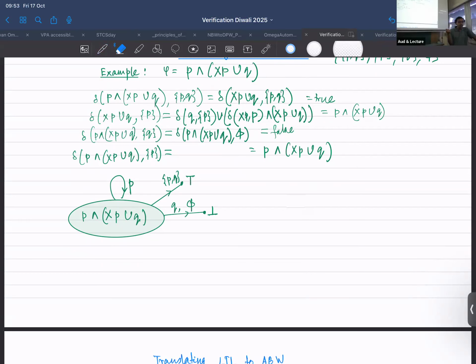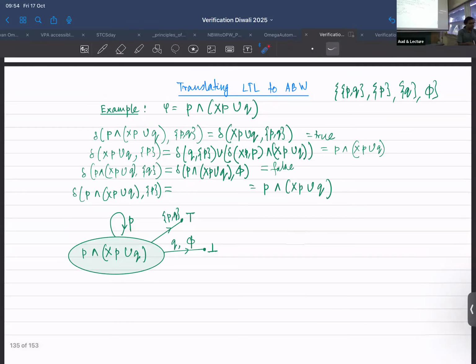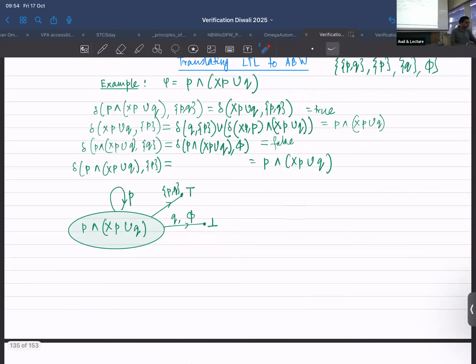If one is false, it will be false. Delta of P comma empty set is false, and false and anything is false, right? So this is essentially the automaton, and you can just try to see how a run here looks like.